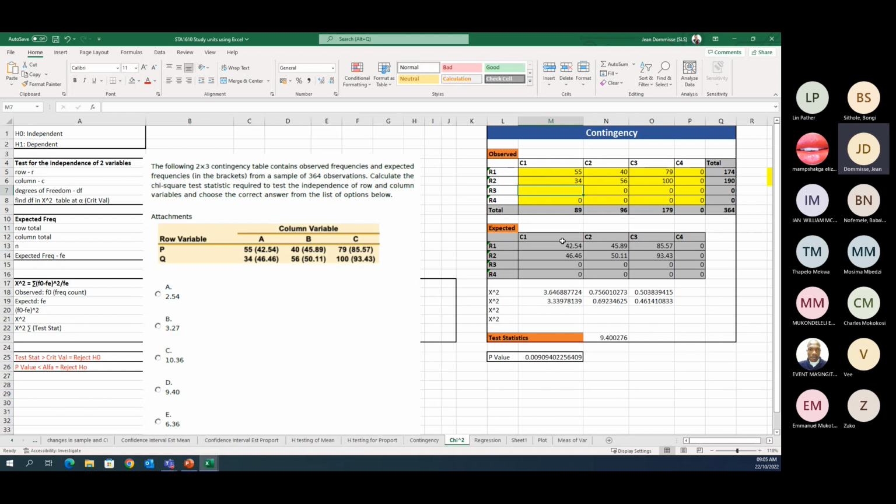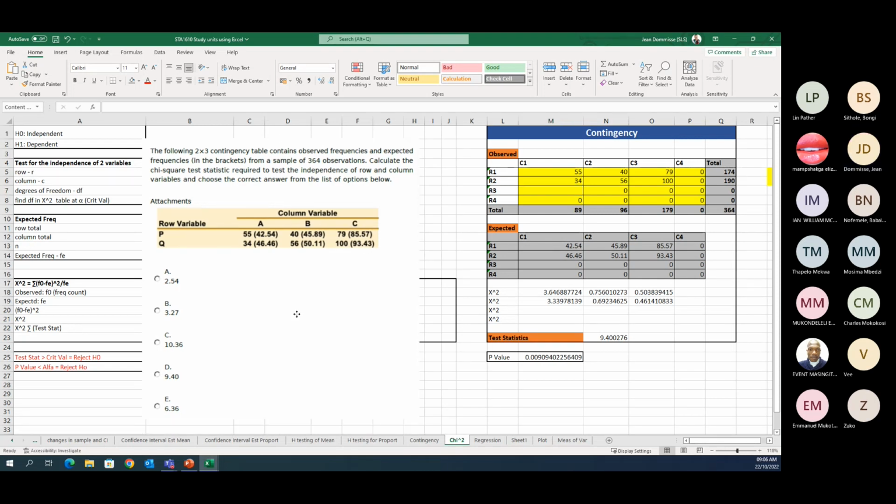Okay, so just to check, 42.54 is the same, 45.89 is the same, 85.57 is the same, 46.46, 50.11, 93.43. So with our calculation, we also got to the right answer.